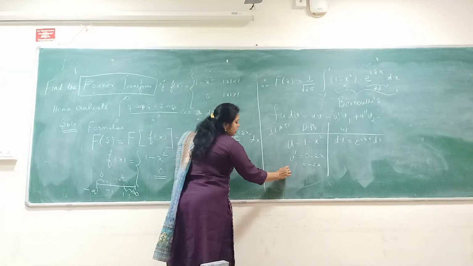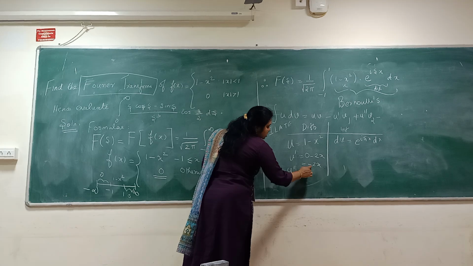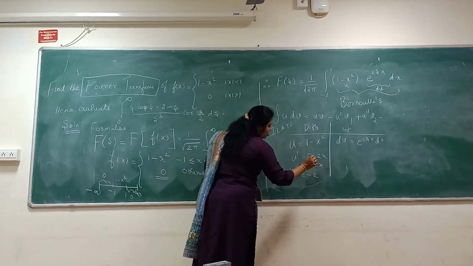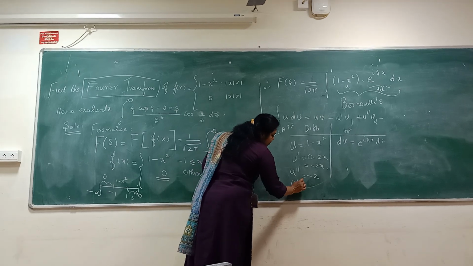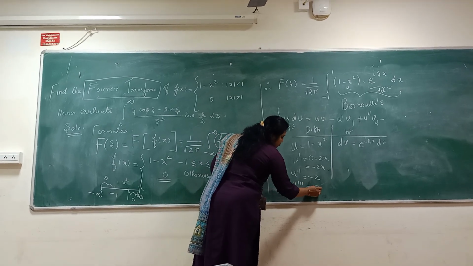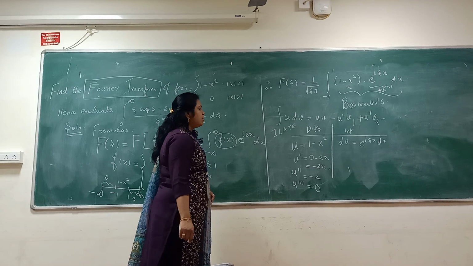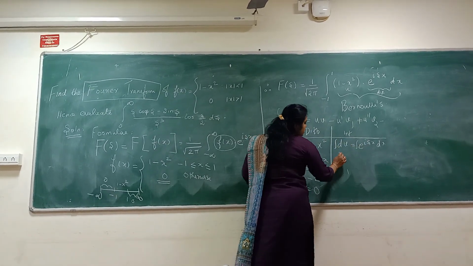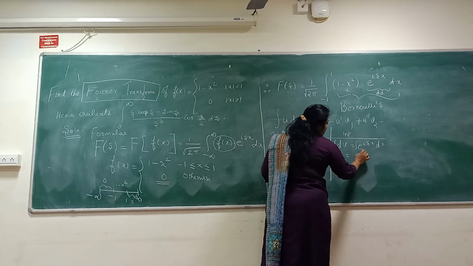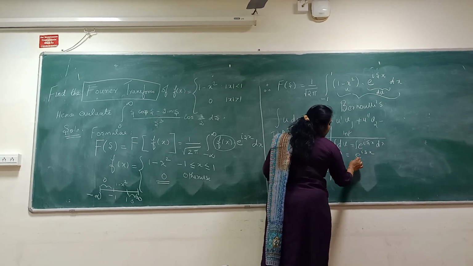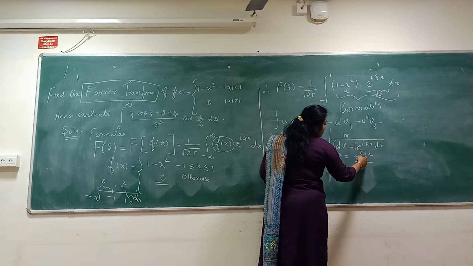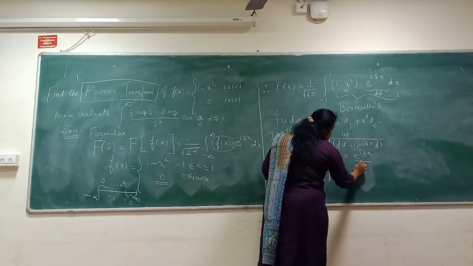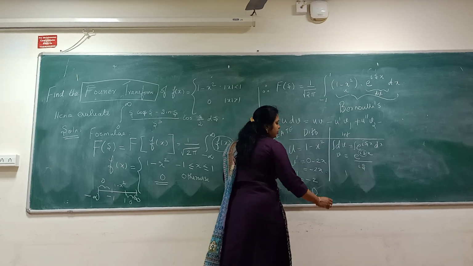Now what is u double dash? The differentiation of x is 1, and with the constant it is minus 2. And u triple dash is 0. Now you are going to do the integration here. So v is e to the power i s x divided by i s, because we are integrating with respect to x, so the i s should be in the denominator.